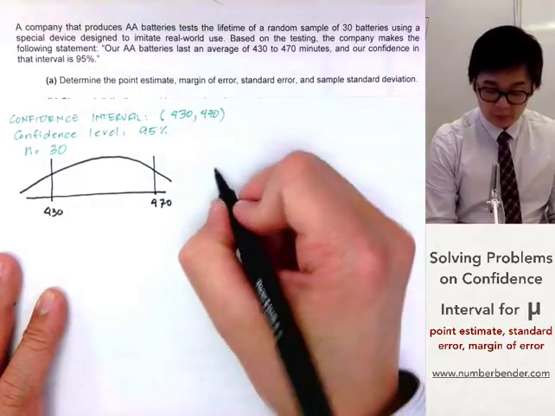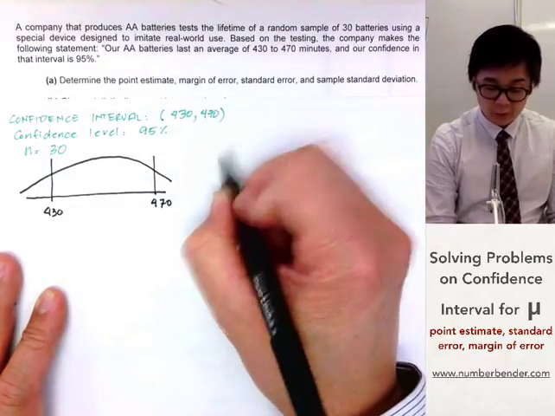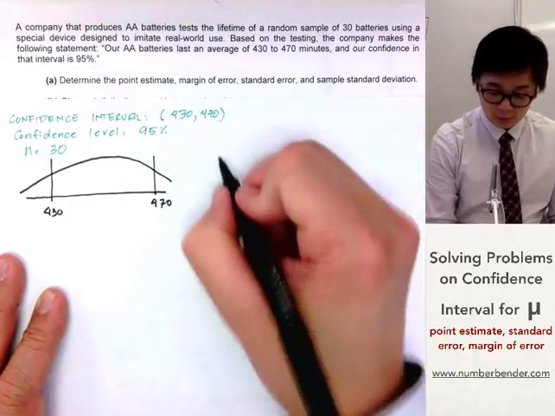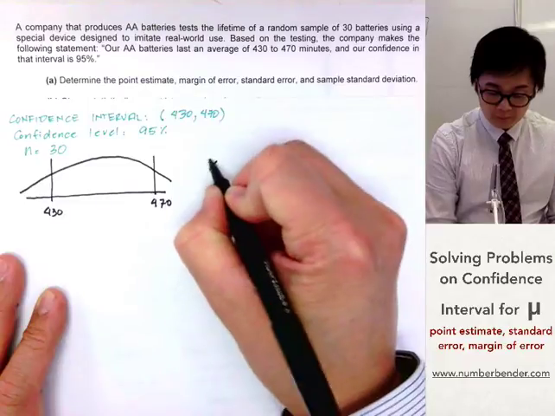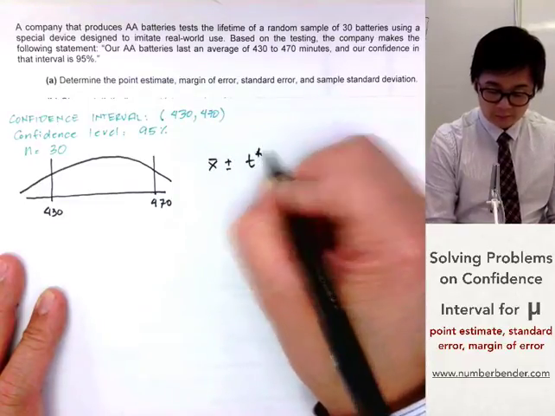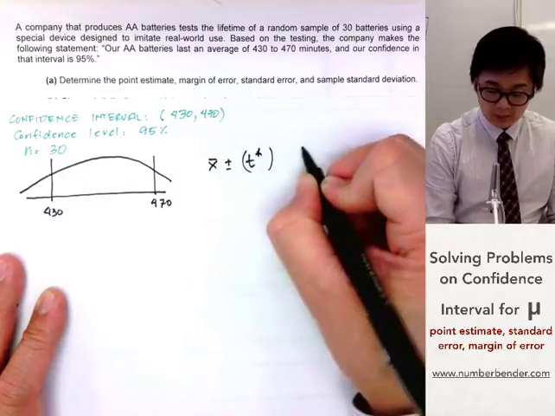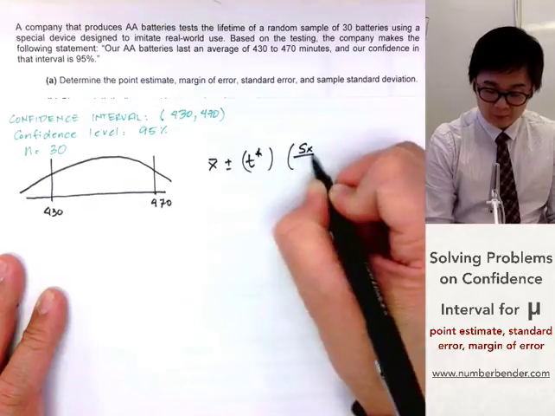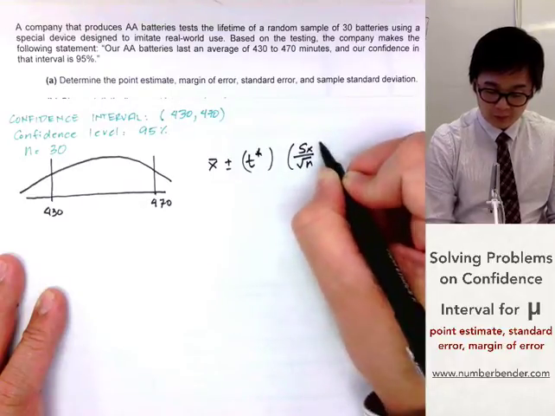The formula for the confidence interval for the t distribution, because the population standard deviation is unknown, will be x bar plus or minus t star multiplied by the standard deviation of the sample all over the square root of n.